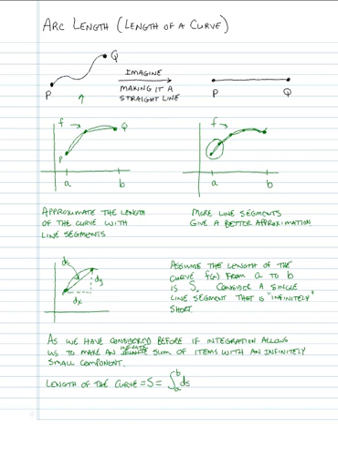So all we need to do is integrate all of those infinitely small line segments. Now the question is, though, what is ds? Can we come up with a way to calculate ds?